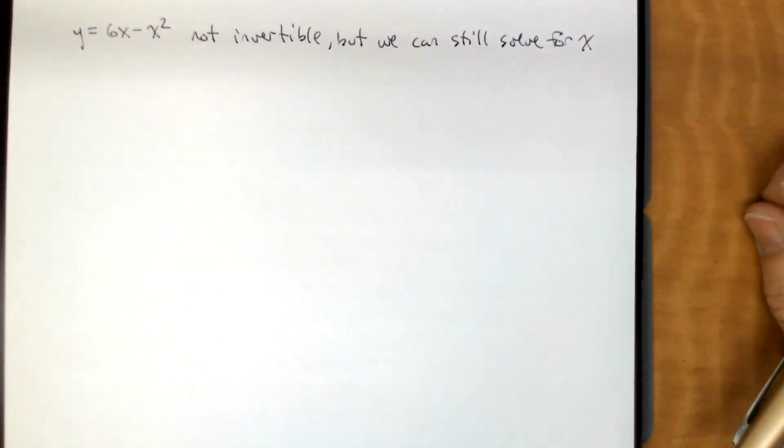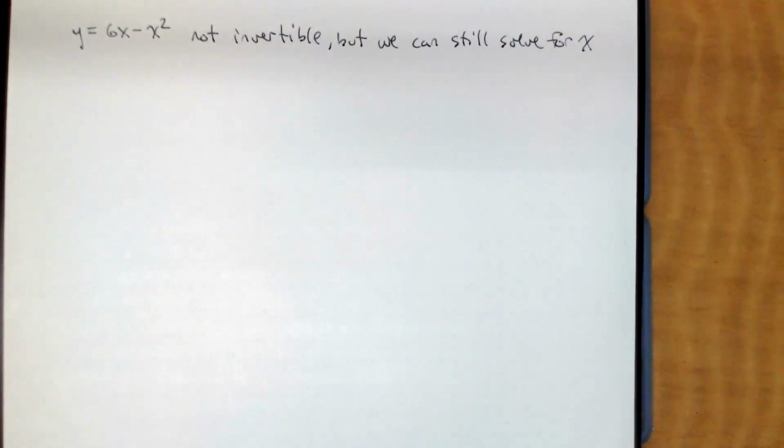So 6x minus x squared is not invertible, but we can still solve for x. Now we could go through and try to use the quadratic formula. The quadratic formula for solving quadratic equations is trash, and we can delete that from our memory.